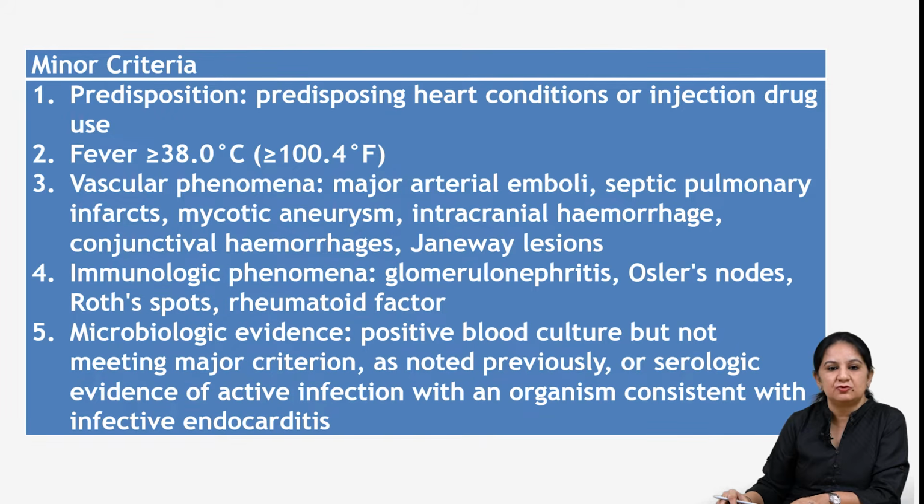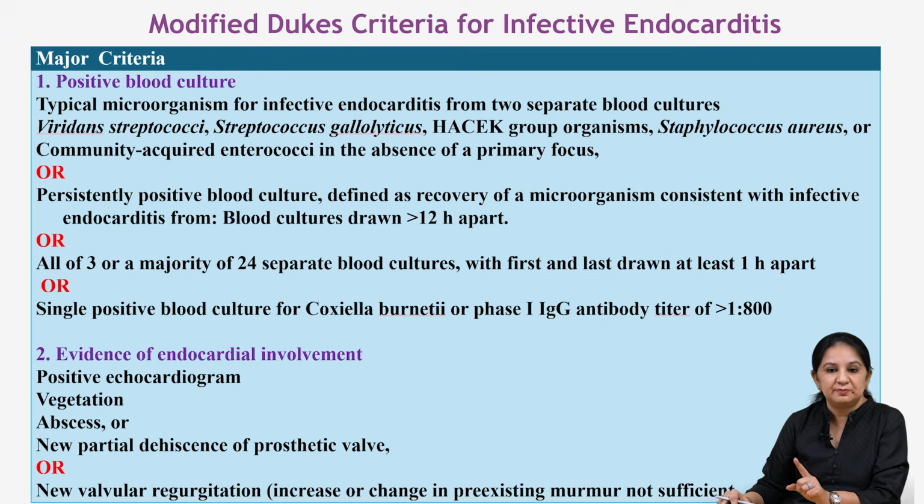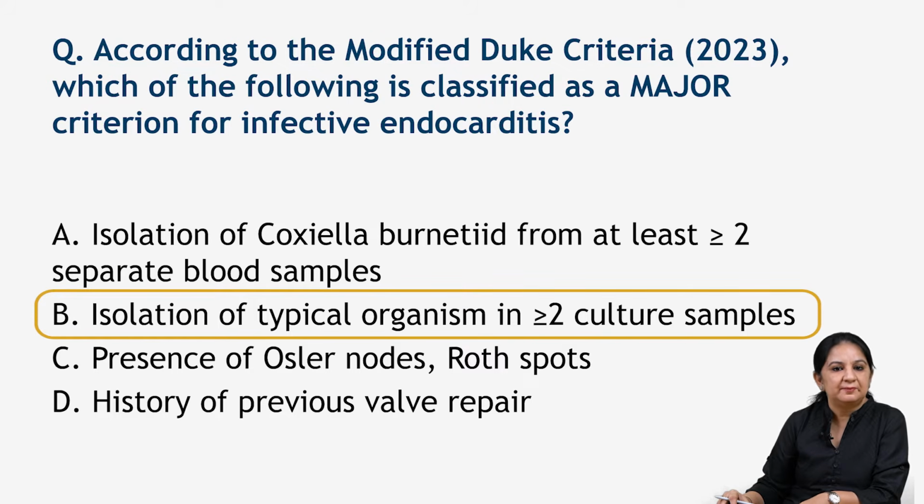Presence of Osler nodes, Roth spots, history of previous valve repair fall under the minor criteria. Major criteria is option B only, right? So, this is the modified Duke's criteria for infective endocarditis. So, the answer here is typical organism in more than 2 separate blood cultures. What could be the organisms?